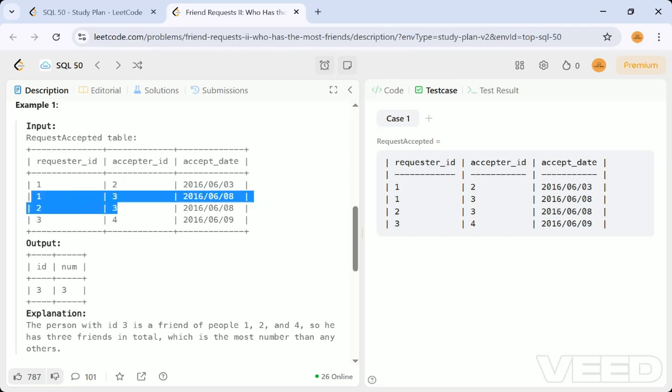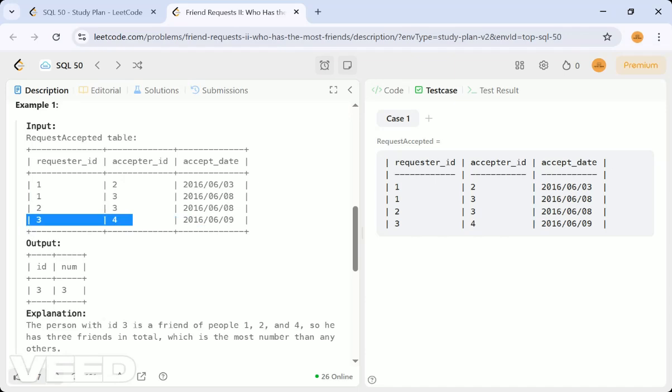Moreover, the person with ID 3 has three friends in total: 1, 2 and 4 are the friends of ID 3. That is the most, more than any others.